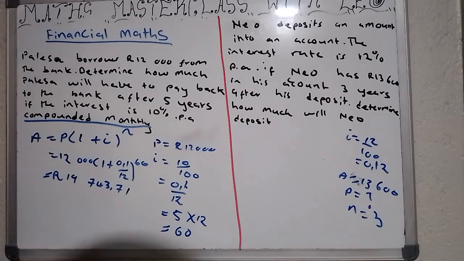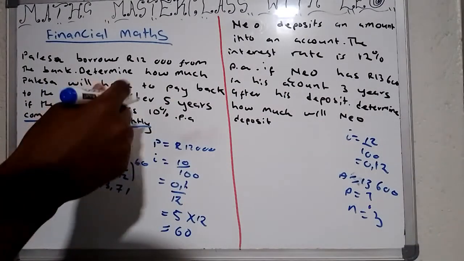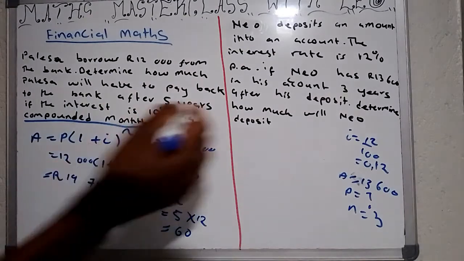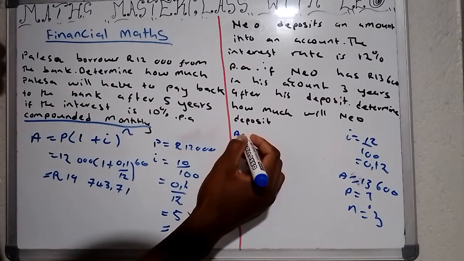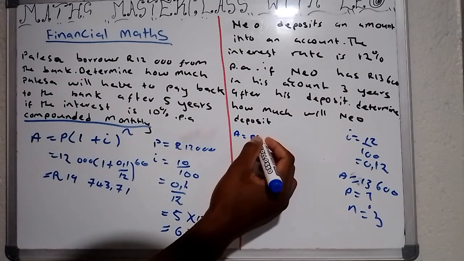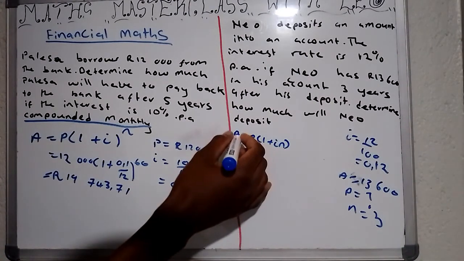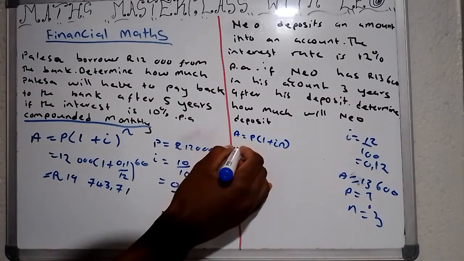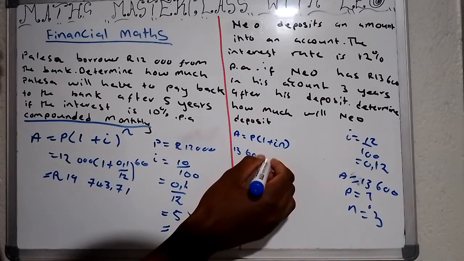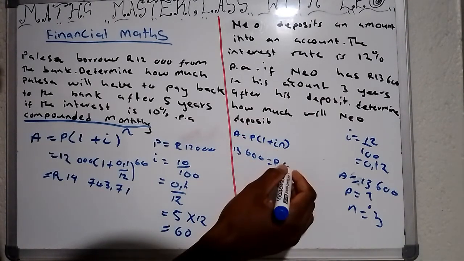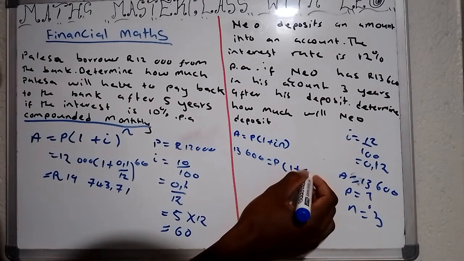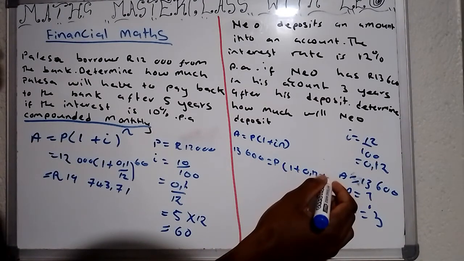Right? So we can simply say, oh, I wasn't told that it's compounded monthly. So I'm going to use the simple formula, 1 plus i multiply by n. Right? So in this case, what is A? I have 13,600 equals P into 1 plus 0.12 multiply by 3.